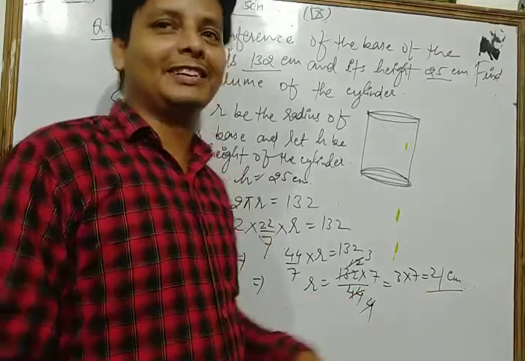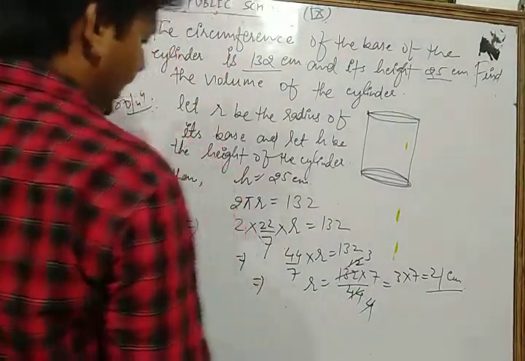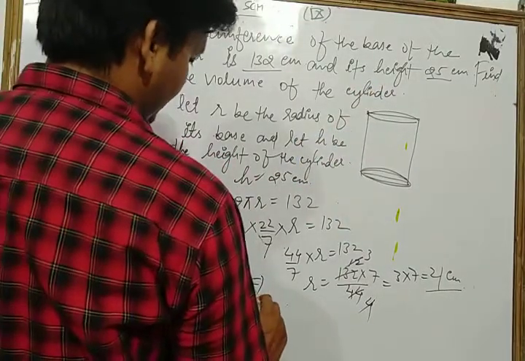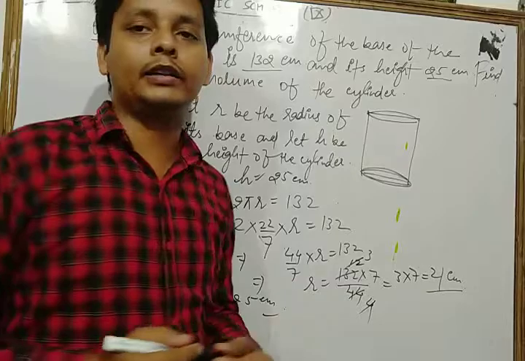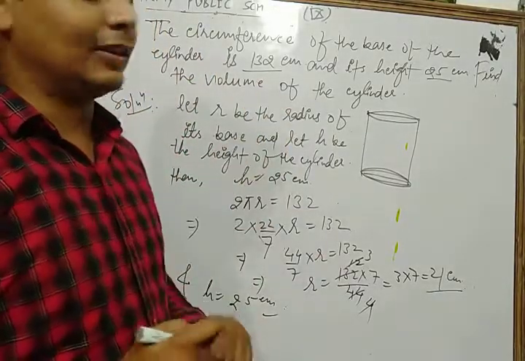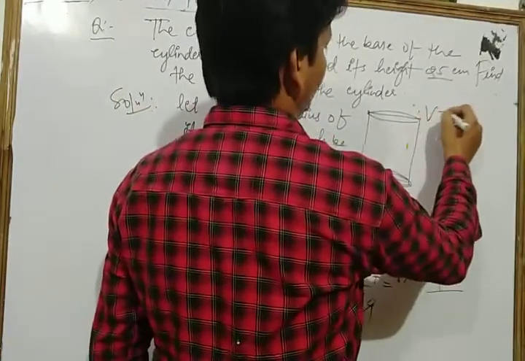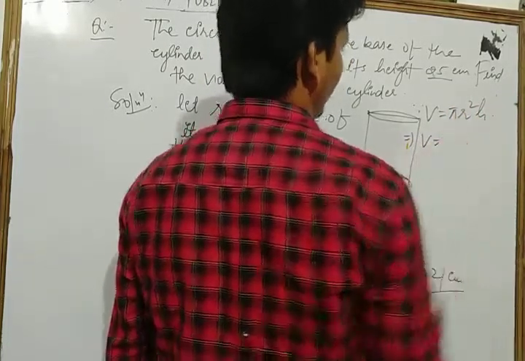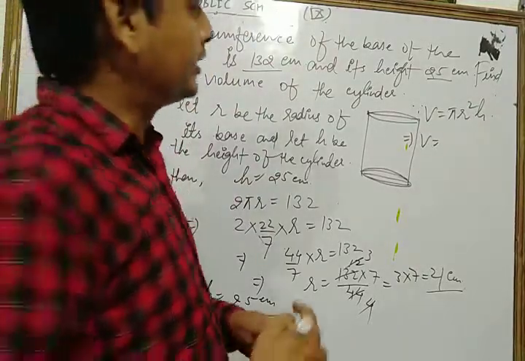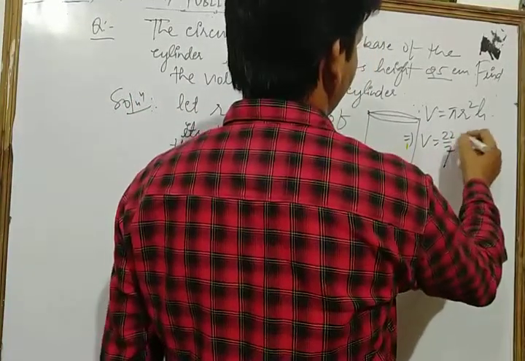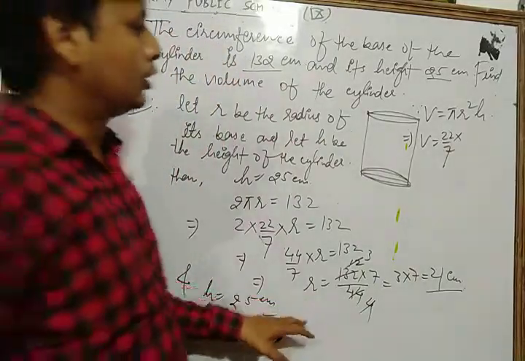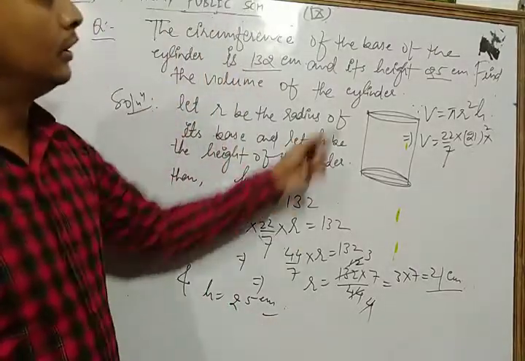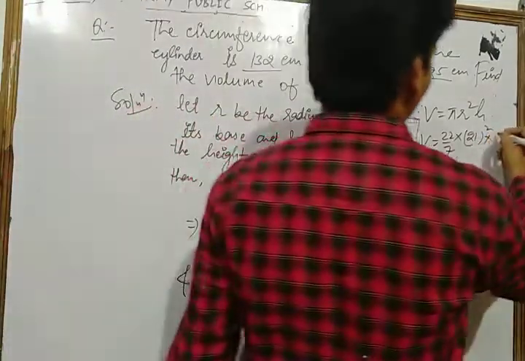Now in this way we get the radius of the base of the cylinder, and your height is 25 centimeter. Now we find the volume of the cylinder. Since we know that the volume of the cylinder is pi r square into h, we put all the values in this equation. 22 by 7 into r square, the value of r is 21 square, into the value of h, 25.